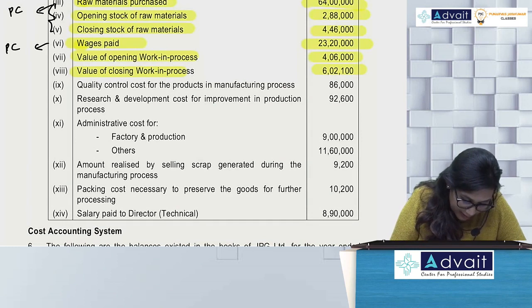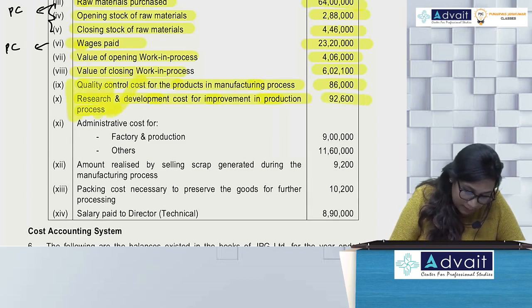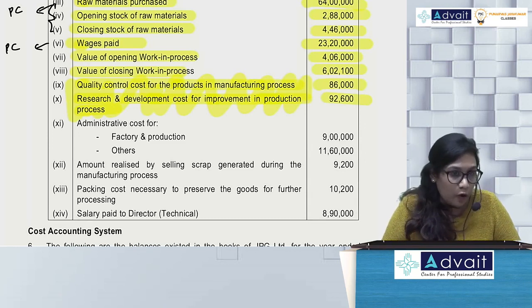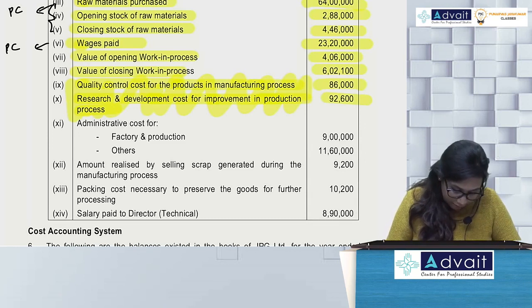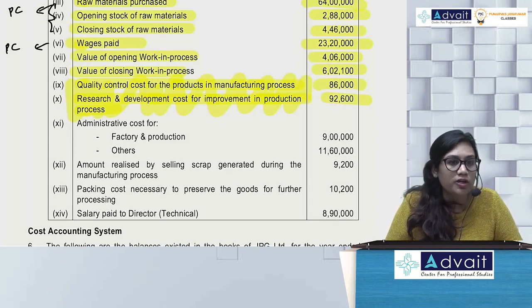Now they've given us some adjustments here. Quality control costs for the products in manufacturing process. Research and development cost for improvement in production process. Where does this come, guys? These were the changes in the new cost sheet format, correct? And they have not specified anywhere in the problem which cost sheet format we are to follow.